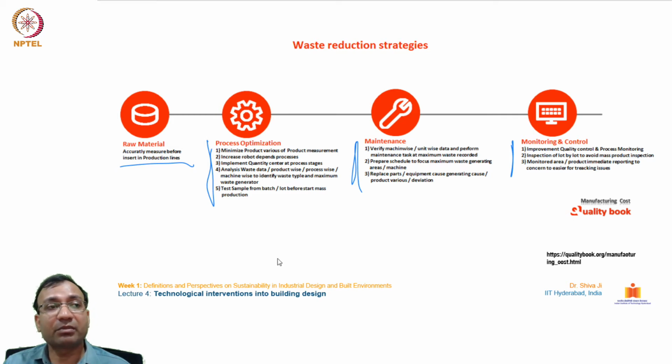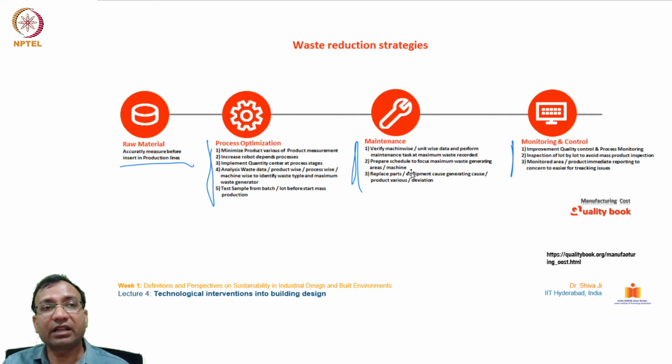Secondly, on the process optimization part: minimize the product variations and product measurements, increase robot dependence in the processes, implement quality-centered process stages, and analyze waste data product-wise, process-wise, machine-wise to identify waste types and the maximum waste generators. Finally, test samples from batches or lots before starting mass production. So these are also very small and easy to understand finer points which may result in better optimization of the process itself.